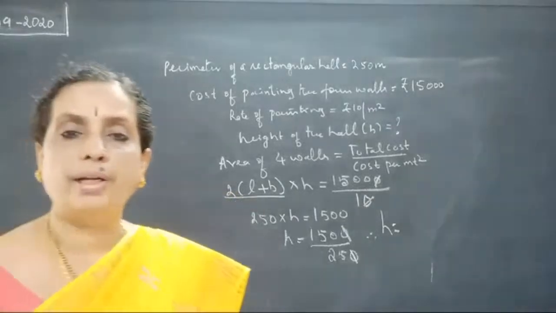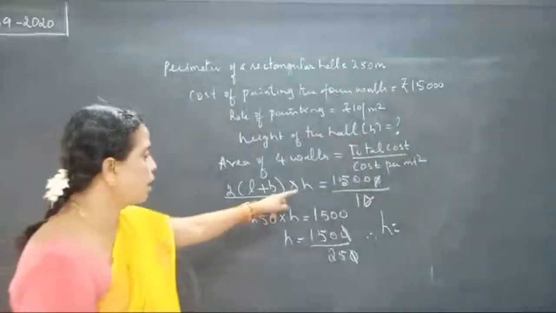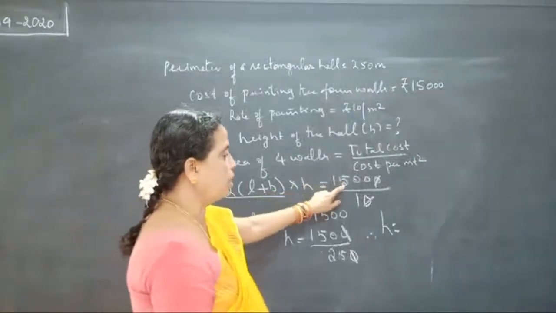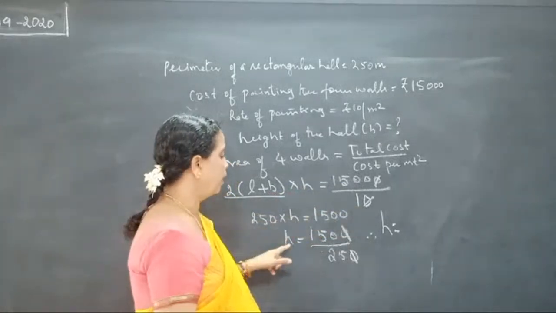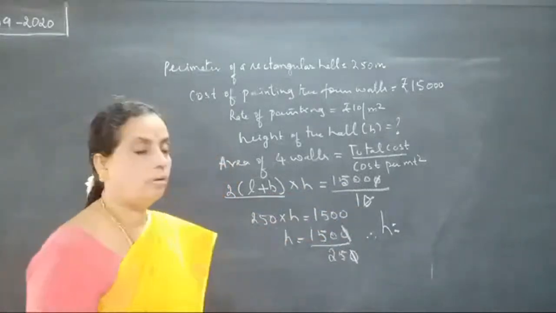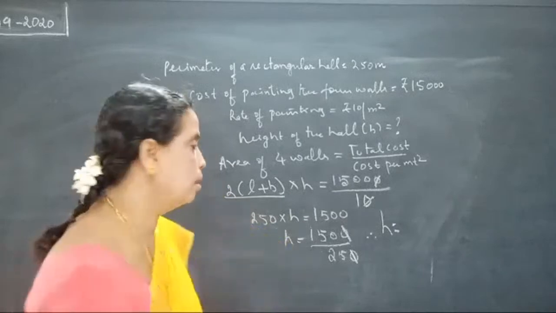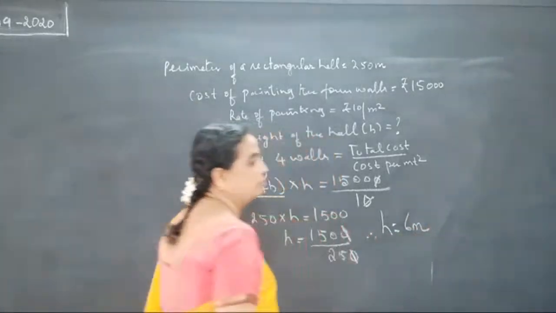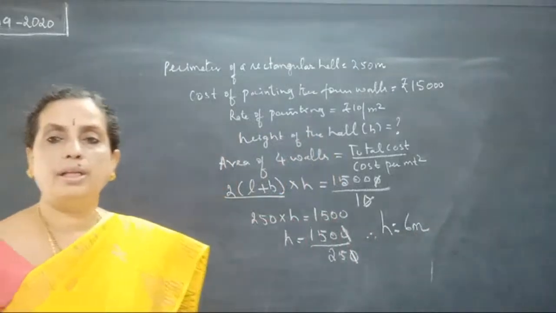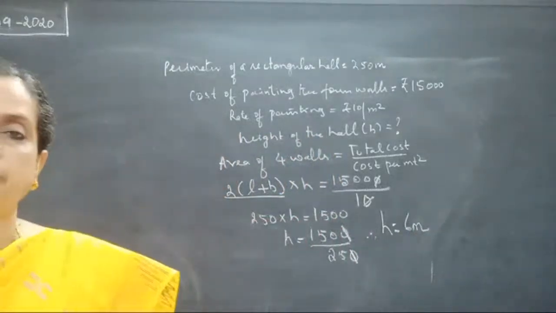H you have to find it out. This H is unknown. Total cost is given, cost per meter square. If you cancel, you will get height of the wall. What is the answer? H equals 6 meter. Yes, correct. Height of the hall is 6 meter.